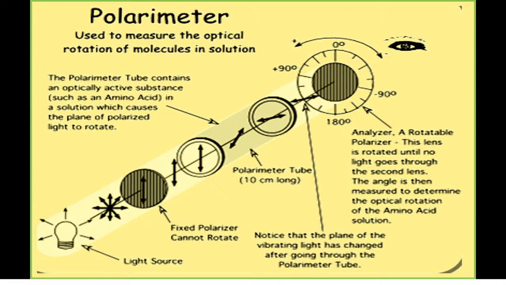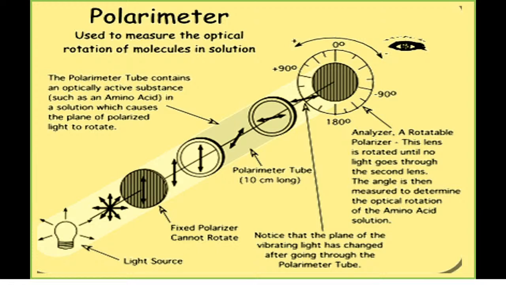But it might be a different situation. You put the analyzer at the position where its main optical axis is perpendicular to the main optical axis of the polarizer. These crossed positions of the polarizer and analyzer don't allow light to go through the analyzer, and at the eyepiece you'll see the dark field.